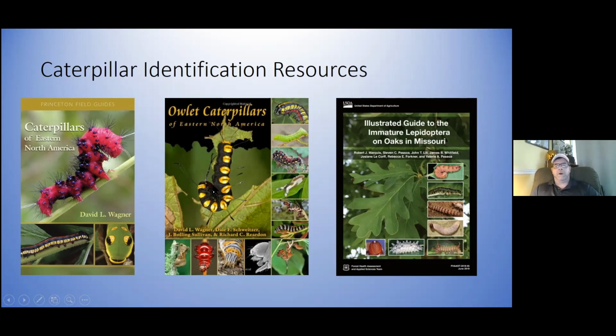There are several more for different groups, with beautifully illustrated pictures of caterpillars and all kinds of information. We just published a new guide specifically to caterpillars on oaks that includes a lot of the microleps, the small little guys. So that's another resource, and that's also available online as well.